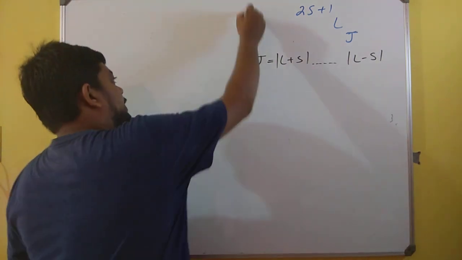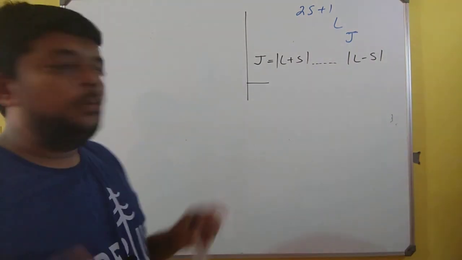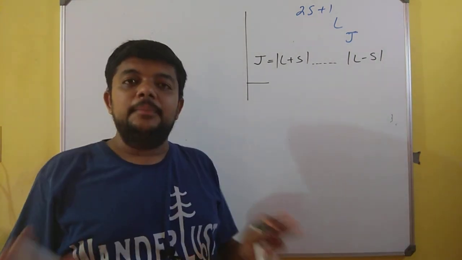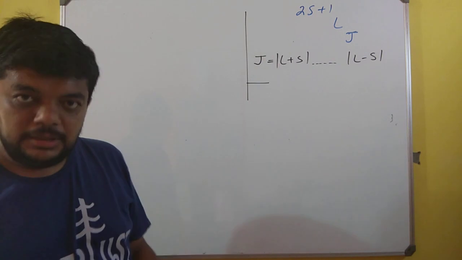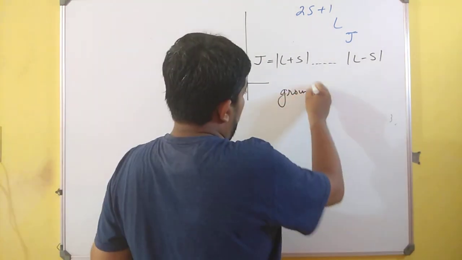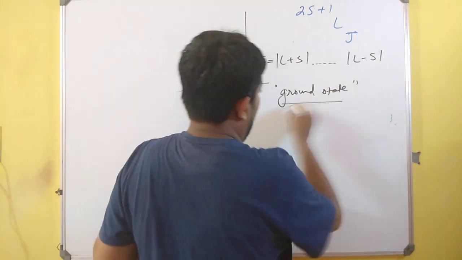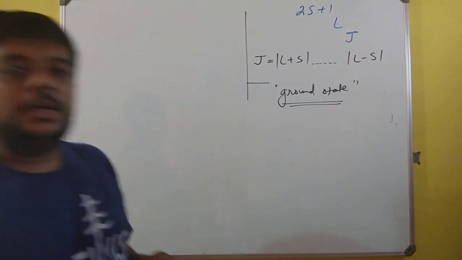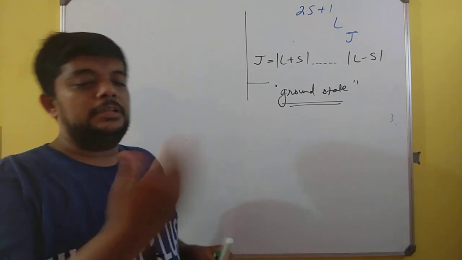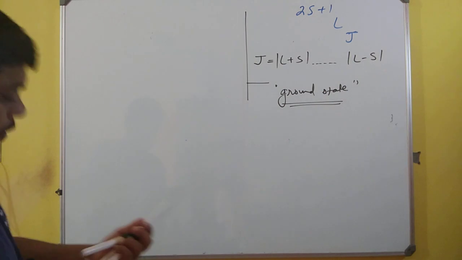Remember very well, in this discussion we will be covering only L plus S and L minus S calculations in general. But when we are asked to determine the ground state, it will be a little different thing where several different formulas will be involved, which we will take up later. But as of now, we are keeping this in today's talk.